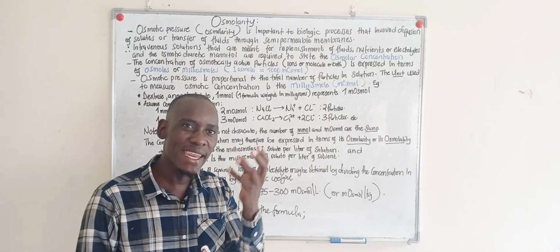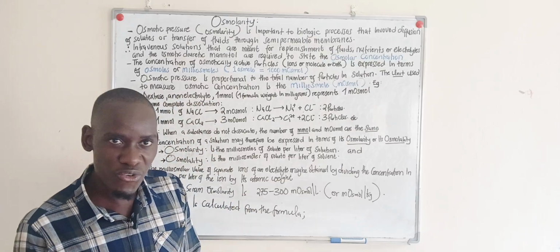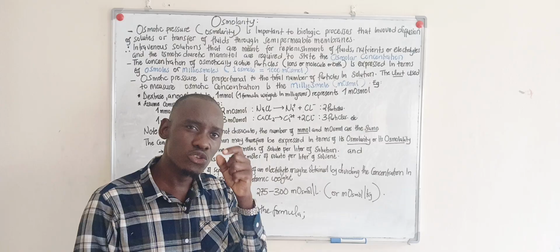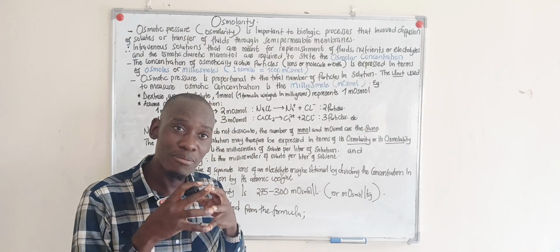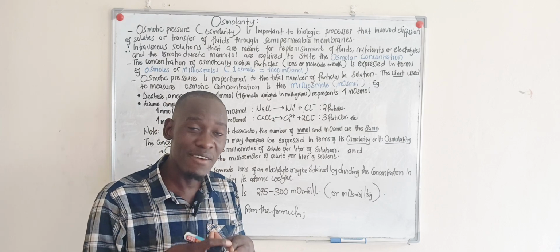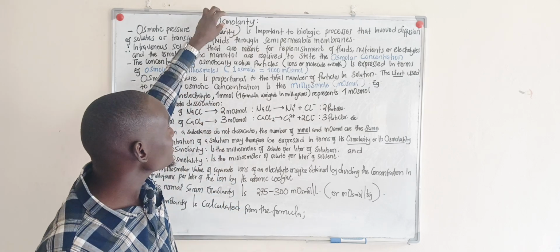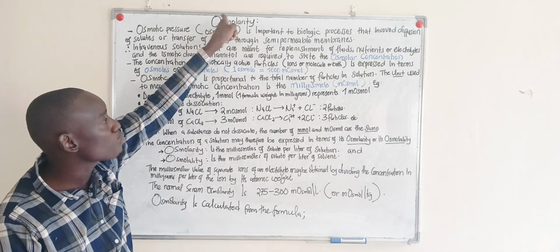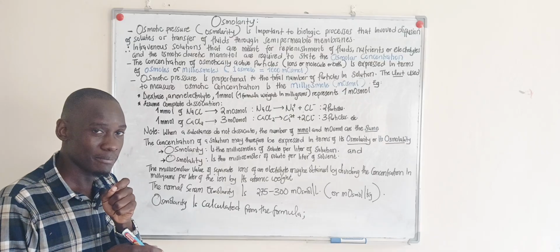Before any intravenous fluid or eye drops are administered, those solutions should be made isotonic with blood plasma. And isotonicity, every time we talk about it, depends entirely on the osmolarity of such a solution.